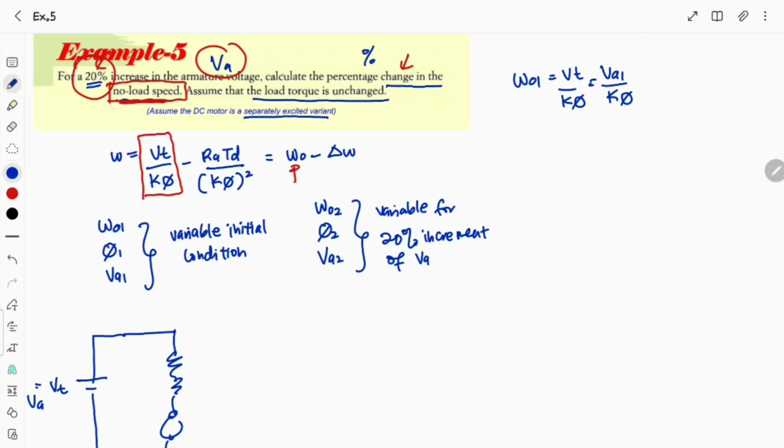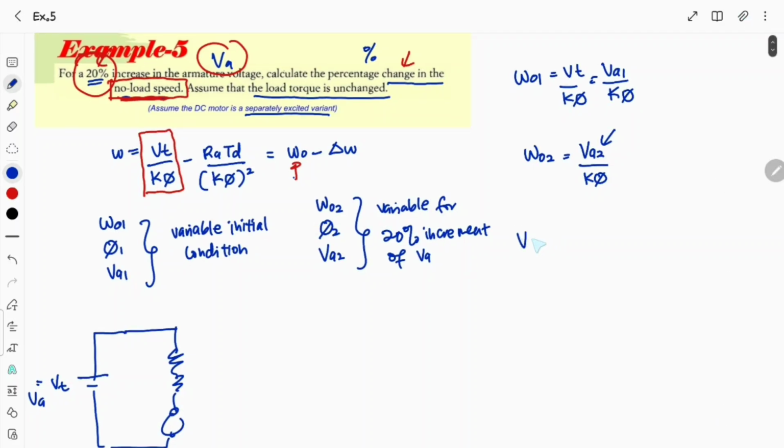After you increase the armature voltage, what happens to the no load speed? It will become a new value. So this is the new value of no load speed, with the new value of your VA, since you increased it by 20%, and you have your kV. Now let's check what has changed after you change this VA.